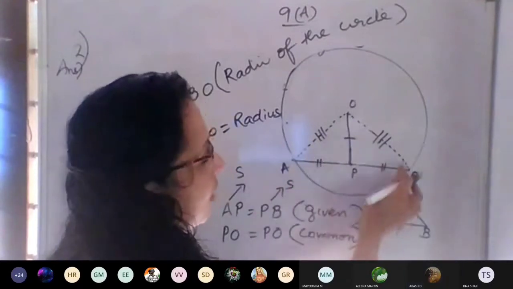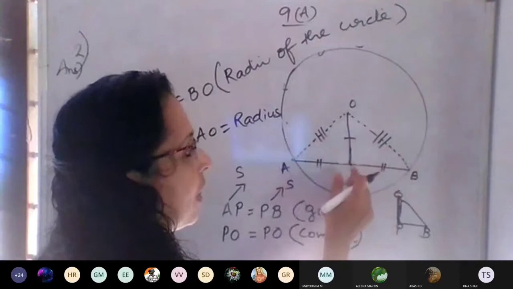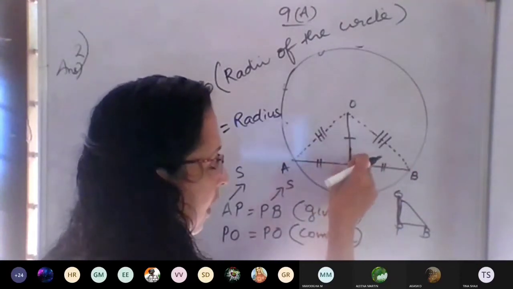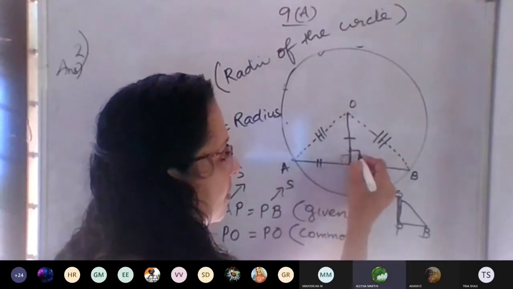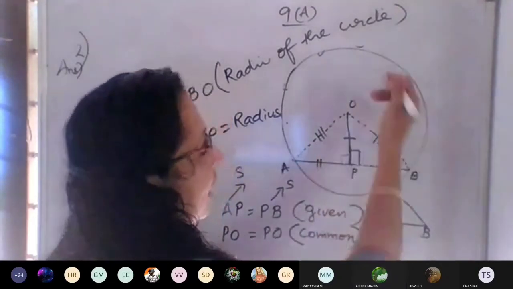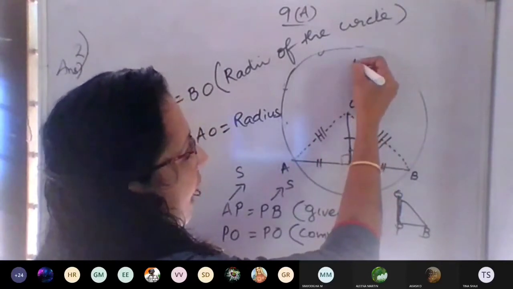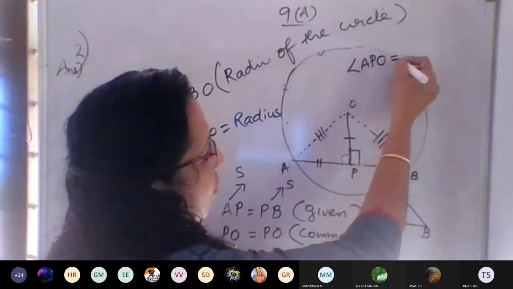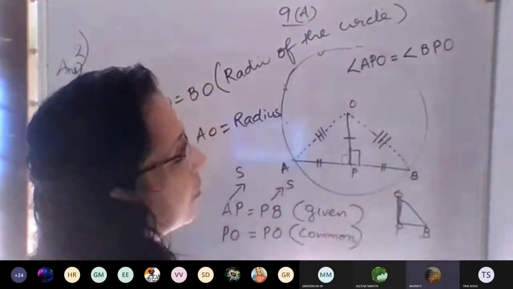Angle A will be equal to angle B. Angle O is equal to angle O. We have to find only one angle, no need of writing all the angles. We have to think about which angle: this P. If these two triangles are congruent, we can directly write in the next step angle APO is equal to angle BPO.